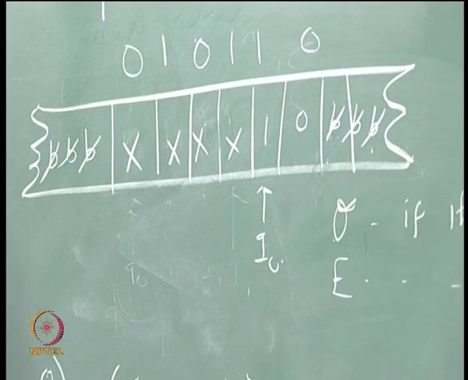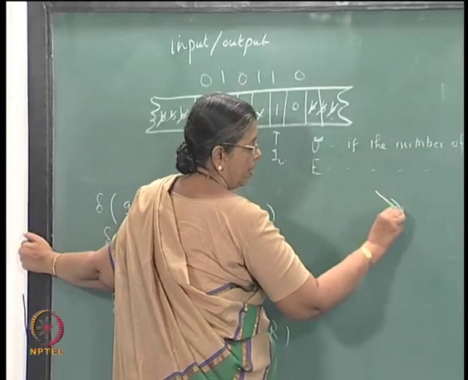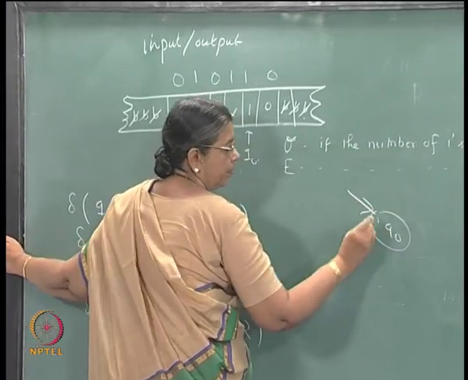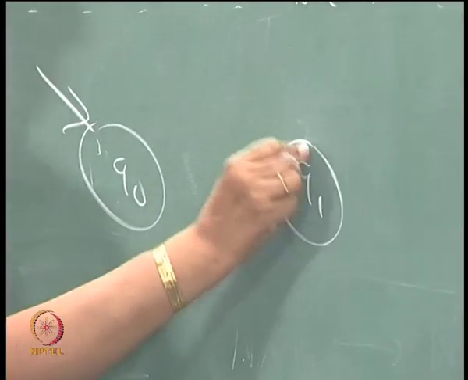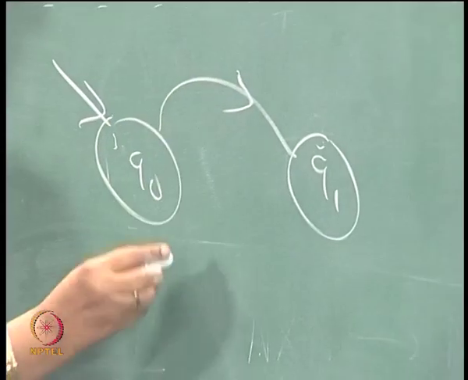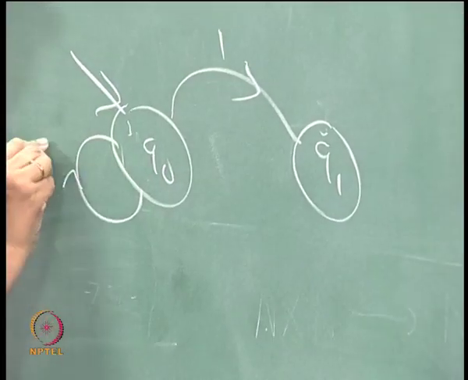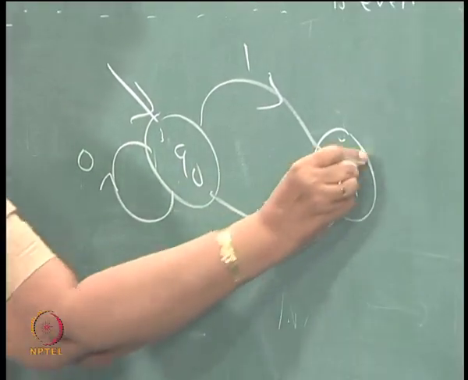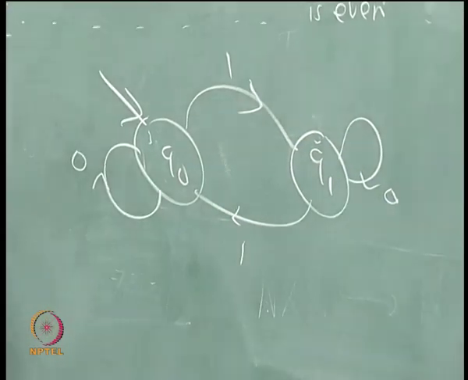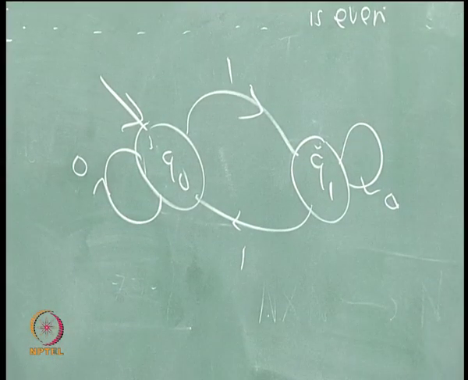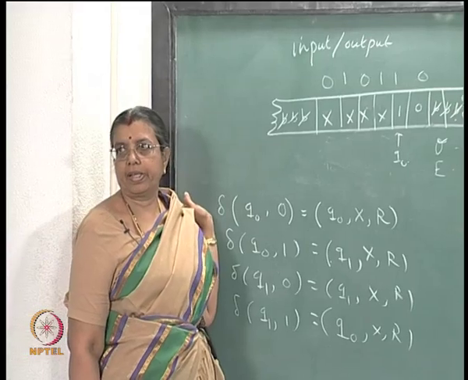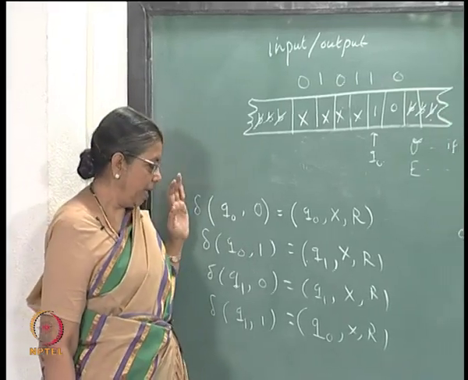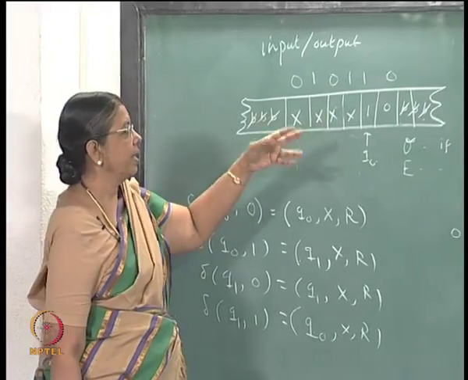Essentially like a finite state automaton, this is the essence of it, but you are rewriting that as x and then also moving.